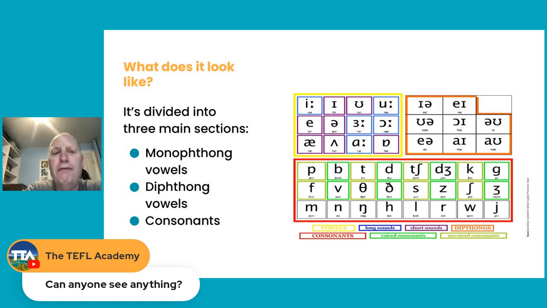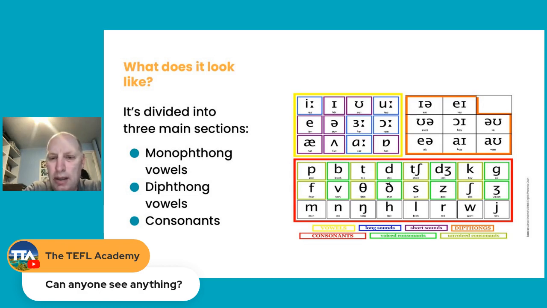And here, top left, you've got the monophthong. Top right, you have the diphthong. And at the bottom, across the bottom, you have the consonants. Okay, so those are the 3 that we're going to be looking at. As you can see, it's a mixture of symbols. Some look like the letters. Some look Greek. Some look like neither, and some of them represent letters that they don't actually sound like, which is quite annoying.